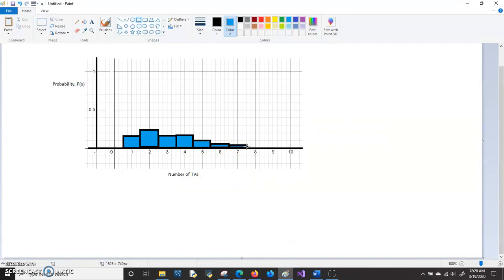The last two are 0.010. That's just barely above the line. There we go.